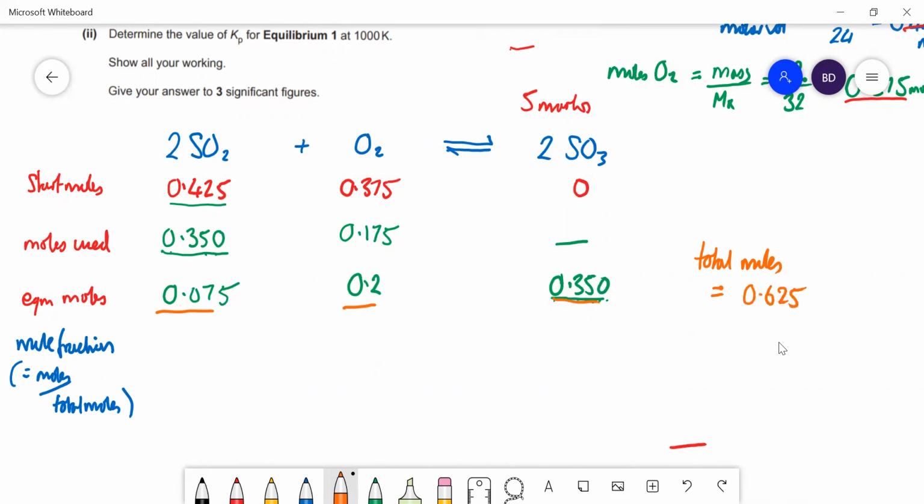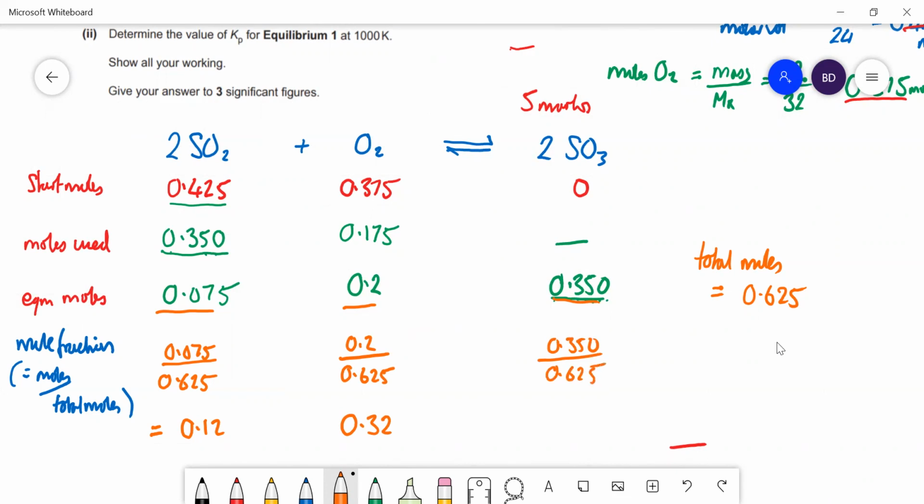So now work out the mole fractions. So this is going to be 0.075 over 0.625. That's equal to 0.12. That's 0.2 over 0.625. That's 0.32 for oxygen. And that one, that's going to be 0.56.